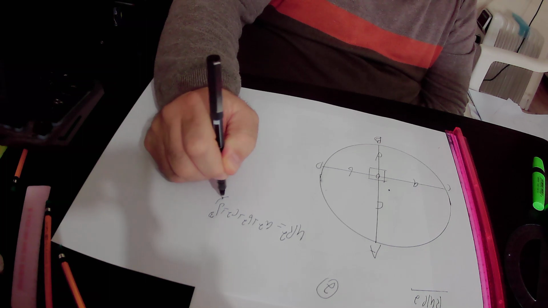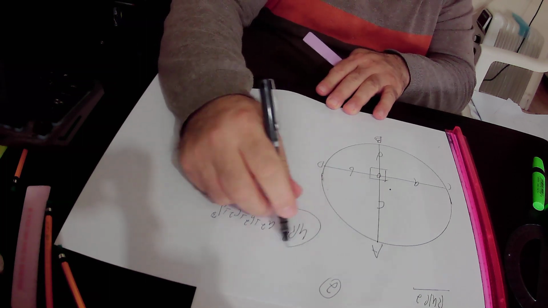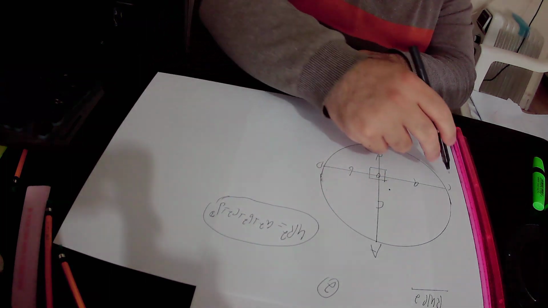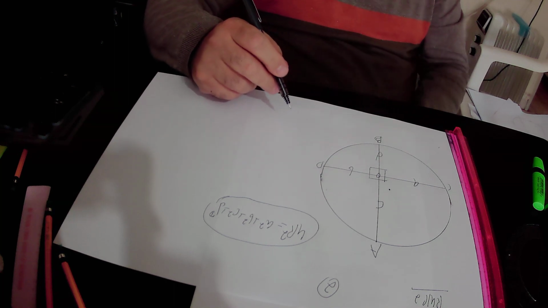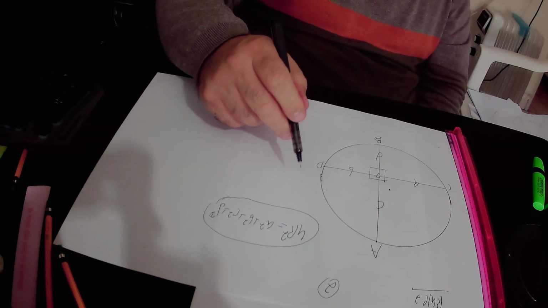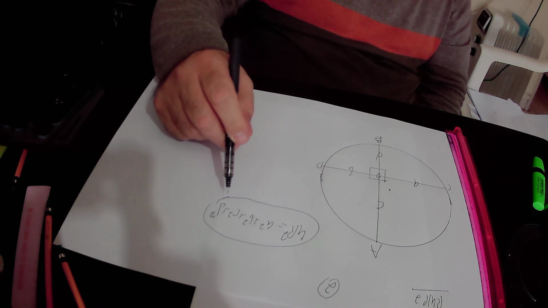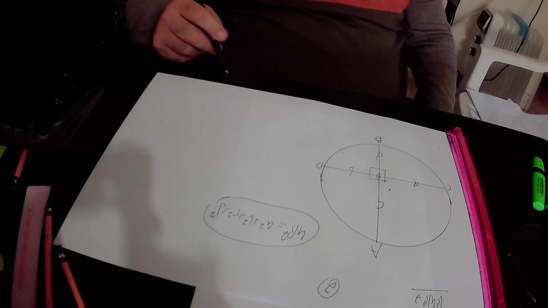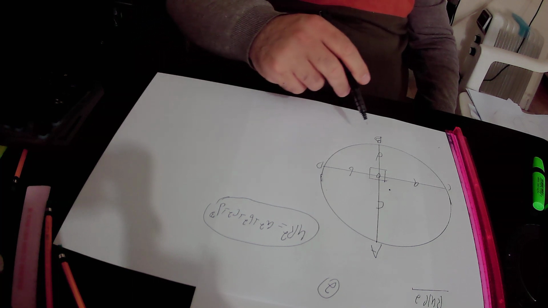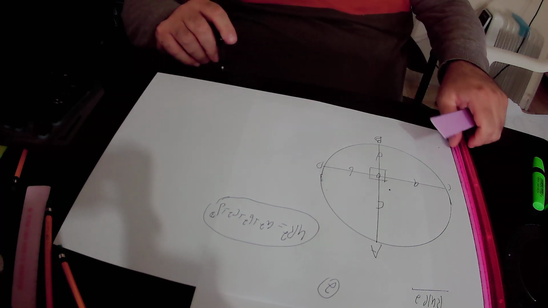I repeat again. If we have two chords, chord AB intersects with chord CD at 90 degrees, then according to rule number 2, we get that 4 times R squared equals A squared plus B squared plus C squared plus D squared. R is the radius of the circle that contains the two chords.